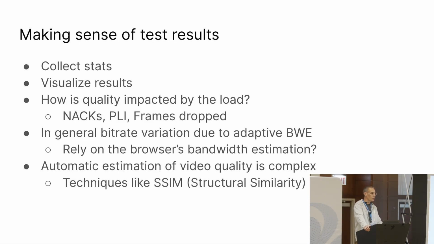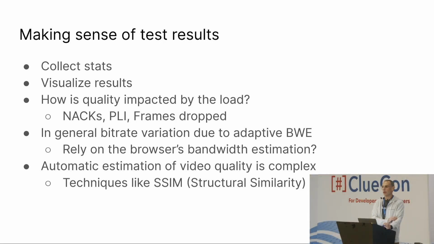But if you want to do something more sophisticated, then you really need to understand how the video is impacted. And then there are some techniques for that. Some rely, like structural similarity, on comparing a reference image or video to what you are getting, but that's also difficult to reproduce because you need the reference image, and maybe not the best case to be used.